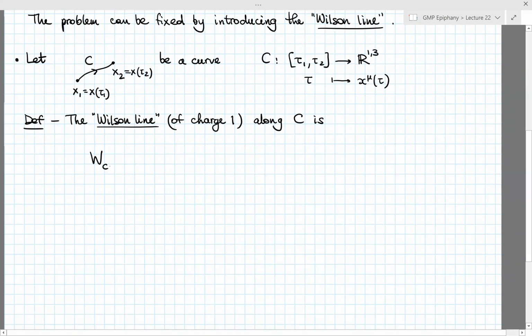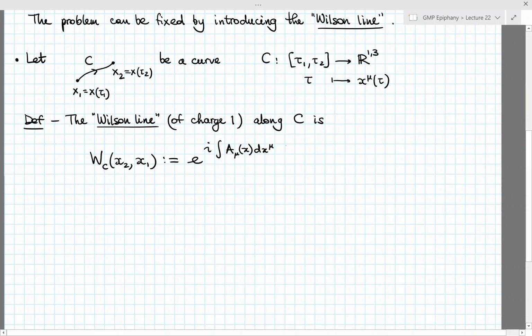The curve has two endpoints here, x1 and x2, so I'll denote this Wilson line as W_C(x2, x1). And this is given by the exponential, we'll get to why we need an exponential later on, of i times the integral of A_mu(x) dx^mu.